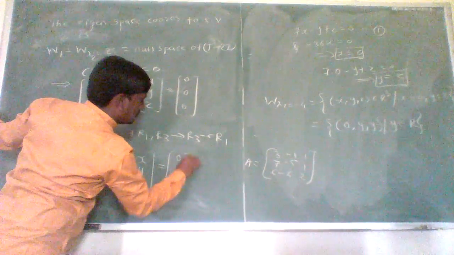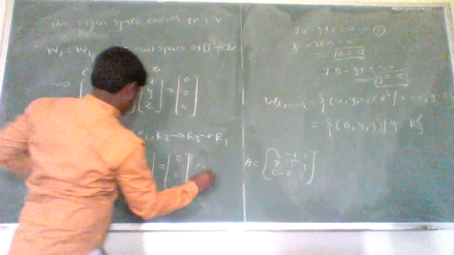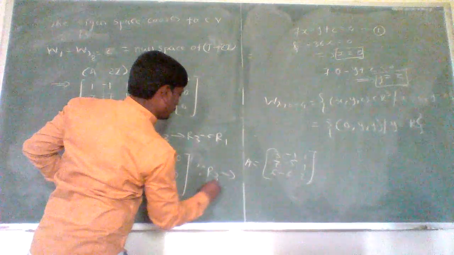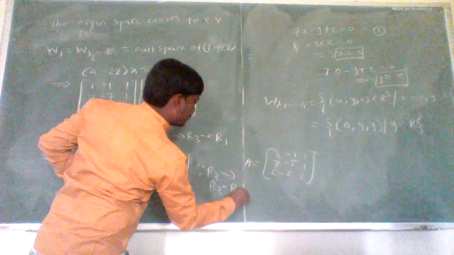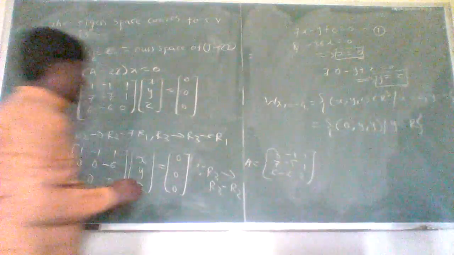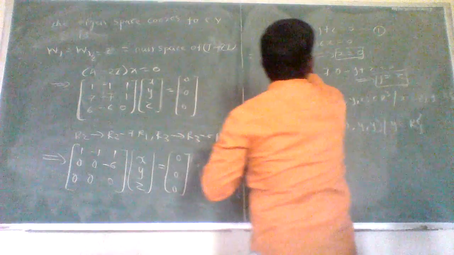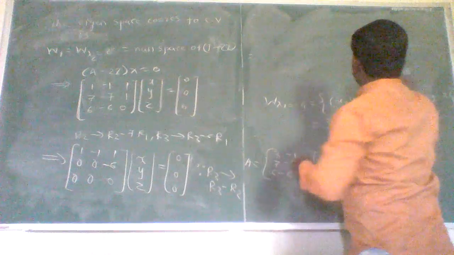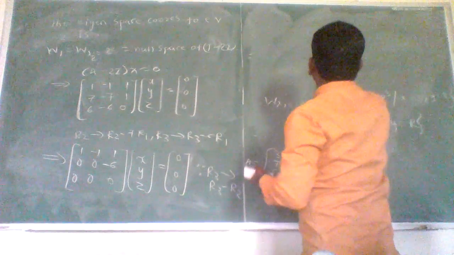Actually here R3 is changing to R3 minus R2, so which implies minus 6y will be equal to 0.